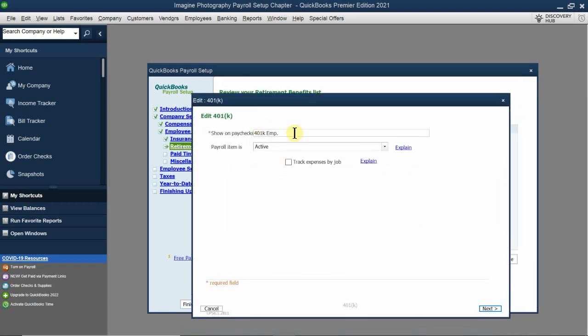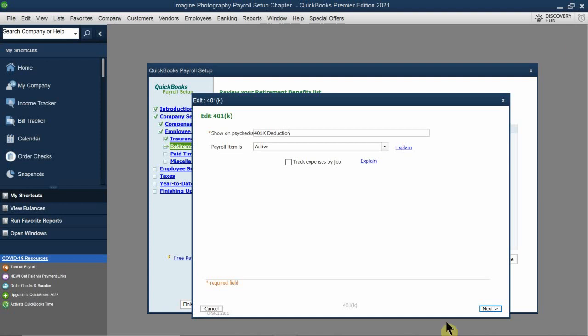So here, we're going to call this 401k deduction, okay? Because it's going to be a deduction to the paycheck, so 401k deduction.